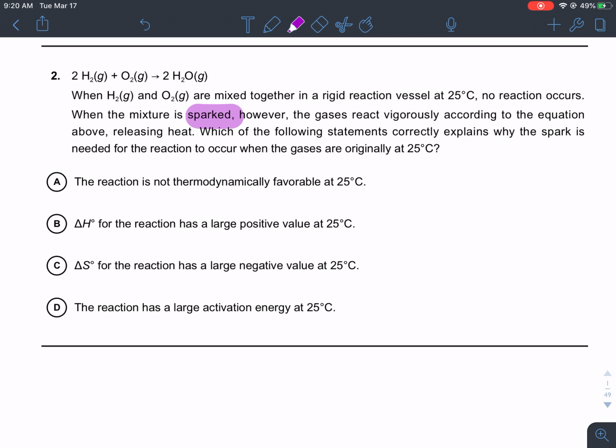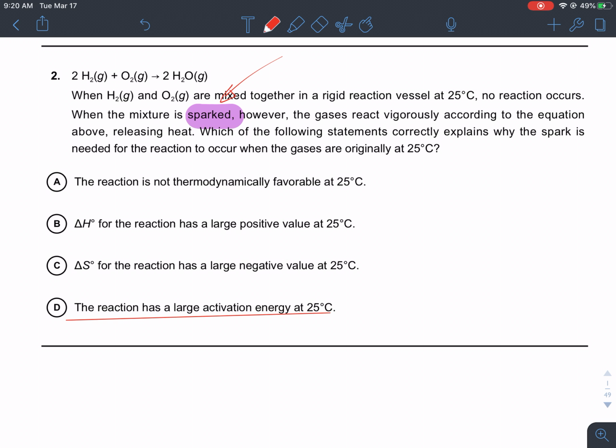Well, this must be, okay, it says that reactions can be spontaneous. They just sometimes have a large activation energy, and that's why we need to add energy for them. The reaction has a large activation energy at 25 degrees Celsius, okay? I want to make sure that you guys understand, just because a reaction is spontaneous, it doesn't mean it happens right away.